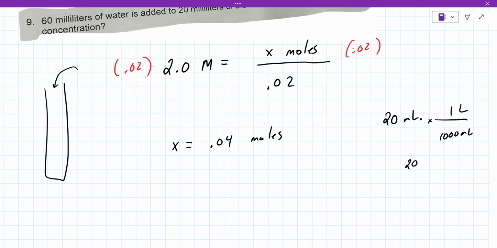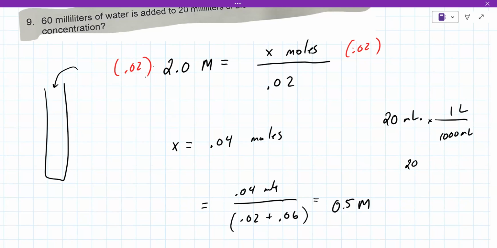What that means is that the moles don't change. So the 0.04 moles is not changed, but the 0.02 liters, you're adding 0.06 to it. When you add those up, it's 0.08 liters, and you end up getting a 0.5 molar solution.